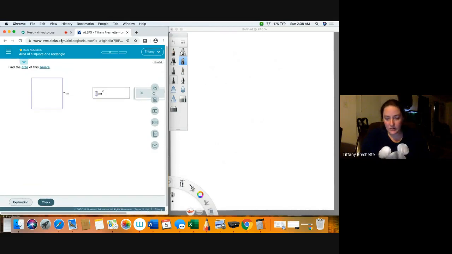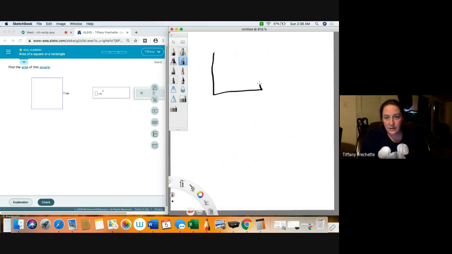Okay, so for a square, the only difference is we do need to take into account that basic knowledge of a square that we should have. If we know this is a square, then we know that the opposite side has to match because a square is a parallelogram. So hopefully we remember that.